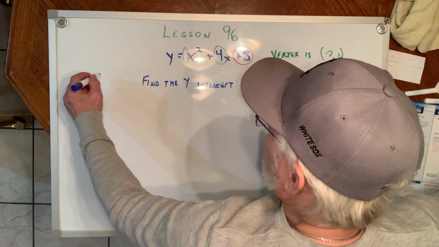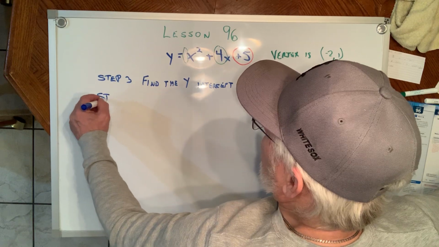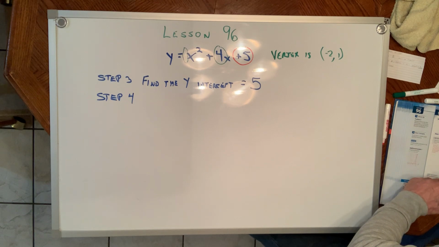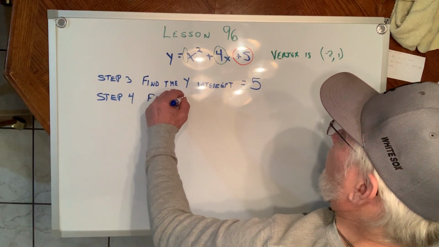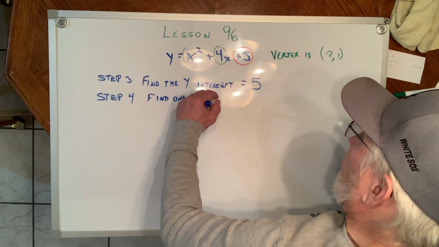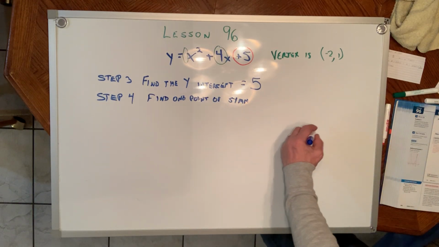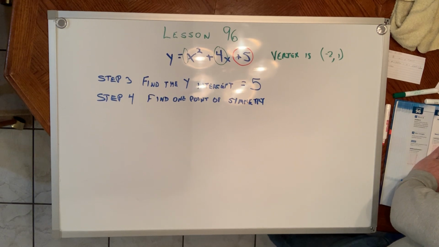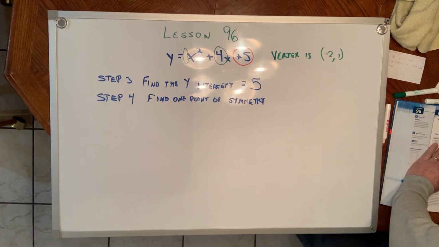That was, by the way, step 3. Now we have to go to step 4, which is find one point of symmetry. Okay, so before we get into that, we have that same equation up there.